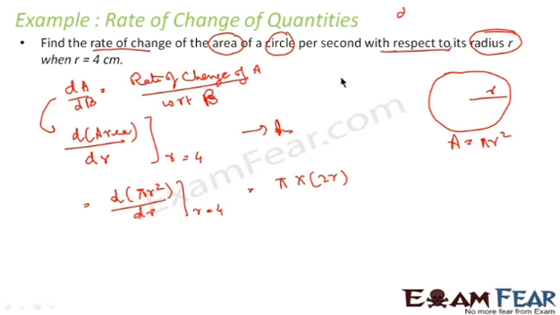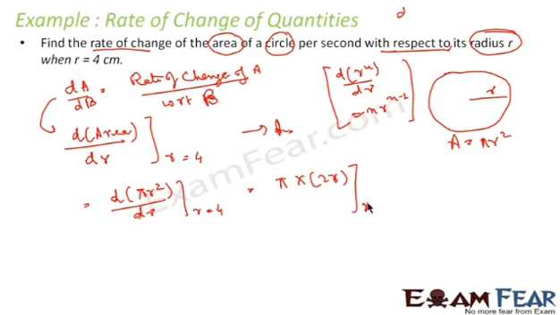How come? d of r to the power n by dr is nothing but n r to the power n minus 1. Correct? This is the formula we have. If you don't understand this, please watch my previous videos where I explain how to find derivatives. That is, n is 2, r to the power 2 minus 1 is r to the power 1. That is 2r. So pi 2r is nothing but d of area with respect to r.